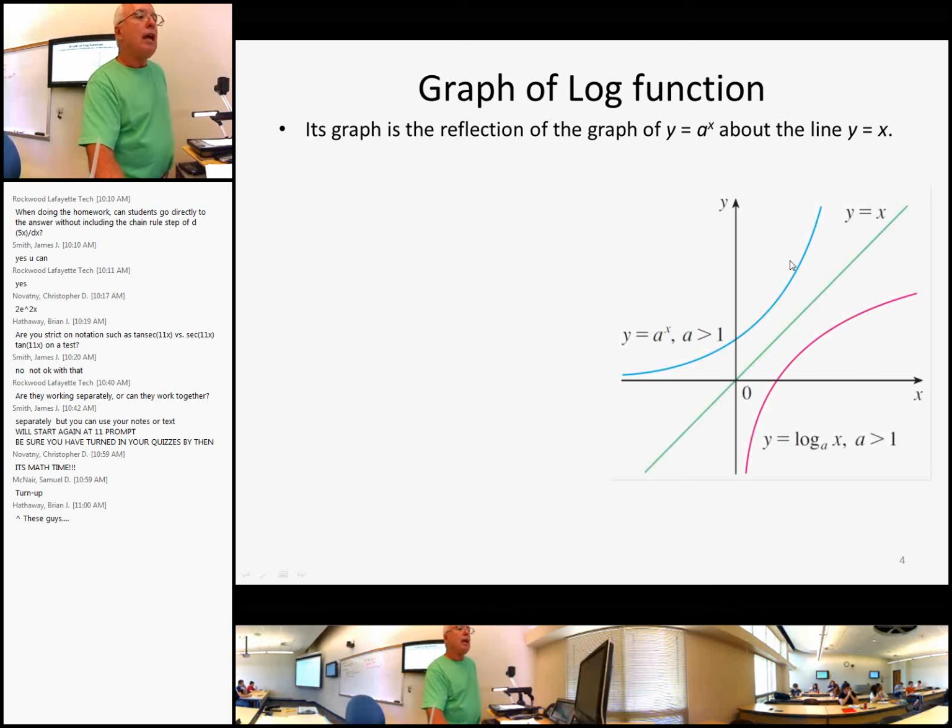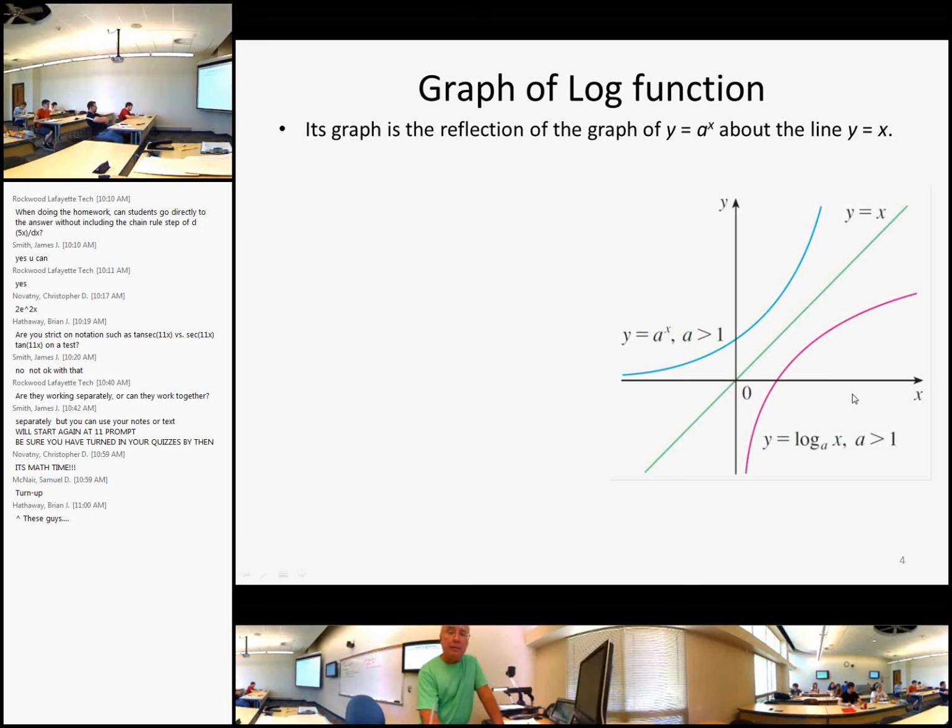Our log function, log base a of x, is basically going to be a reflection of the exponent function around the mirror. So this is what our log function graph looks like, this pink or red line. Notice that the log function, remember, can only be applied to positive numbers.